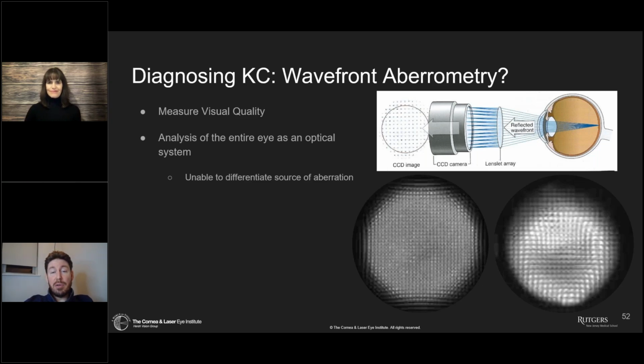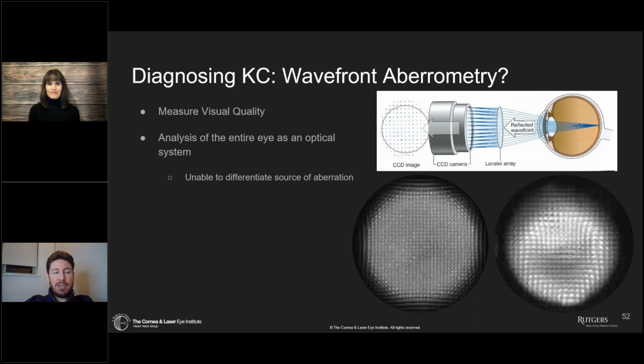On the left, you're seeing the normal cornea. And what you're seeing is nice even spacing of those focal points. You can see that they're very planar, they're very even, indicating that they have very equal refraction of light across the entire ocular structure.